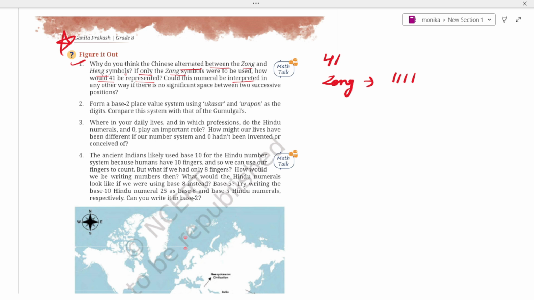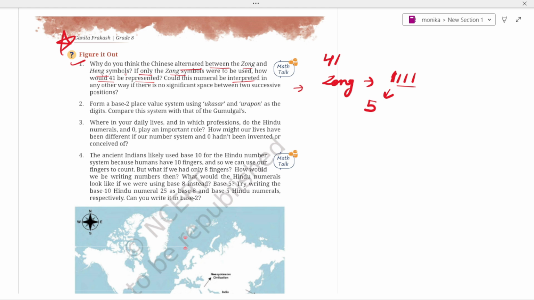This can be easily misinterpreted as 5 if no significant space is left between the successive positions. So the spaces are the main reason.